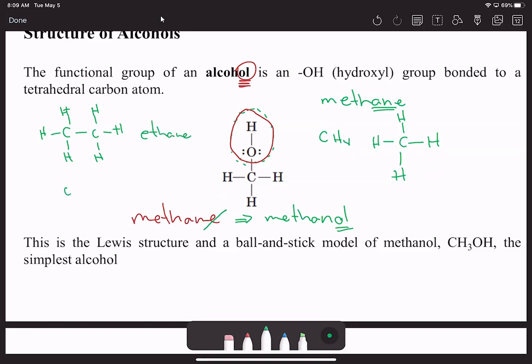And if I happen to remove one of those hydrogens and replace it with an alcohol functional group, then I'm going to remove this E and add OL. So we're going to get ethanol. So we have methanol, ethanol, propanol, butanol, pentanol, hexanol, and so on, right? So we have all of these new names for our alcohols.